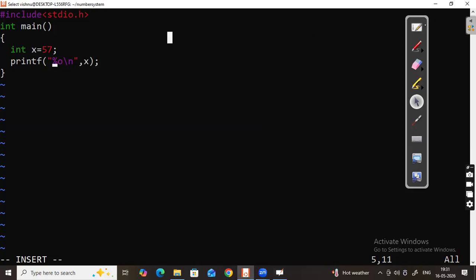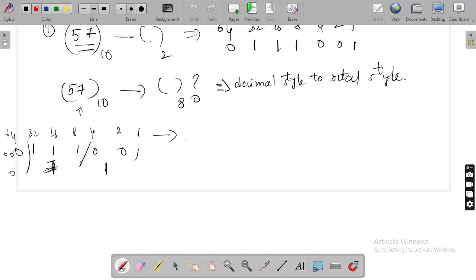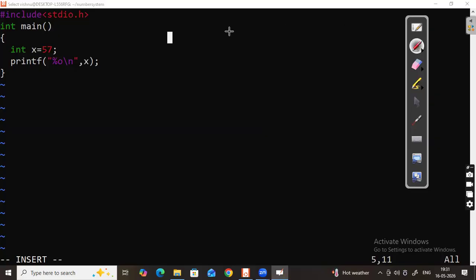Now decimal to hexadecimal. Same number only we will take, 57. 57 decimal, convert it into hexadecimal.